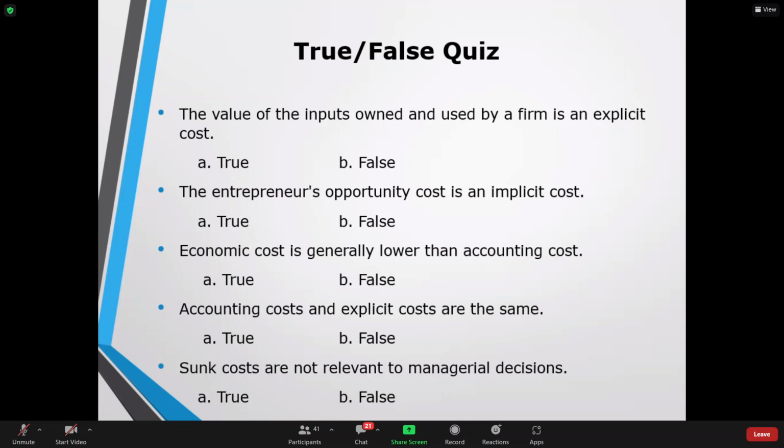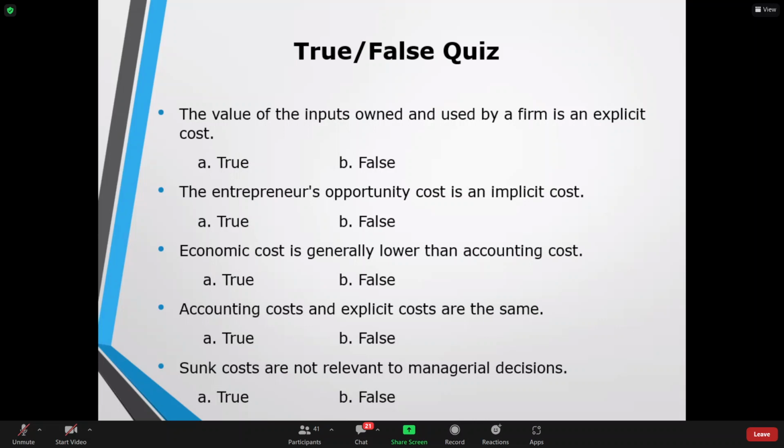Your line is not clear. The fourth one, accounting cost is false because accounting cost means implicit cost?